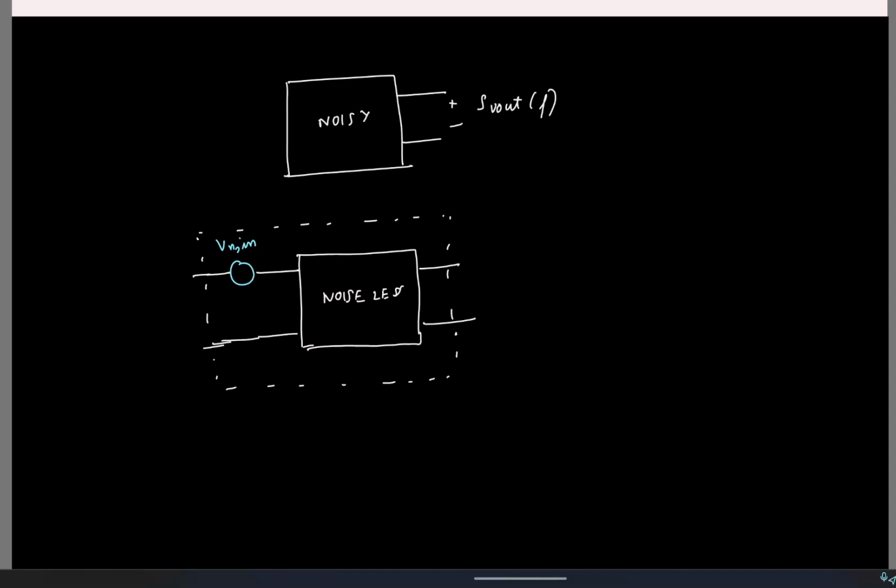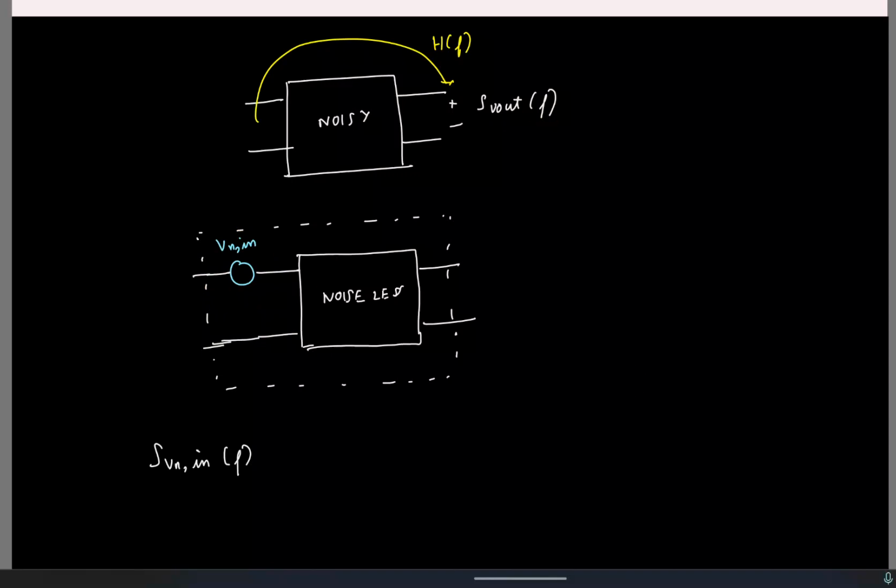And if the transfer function from the input to the output is some H of f, what can you say about the power spectral density of this voltage source at the input, in terms of the output power spectral density?